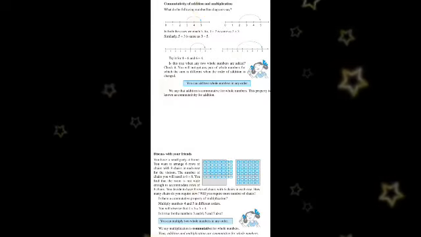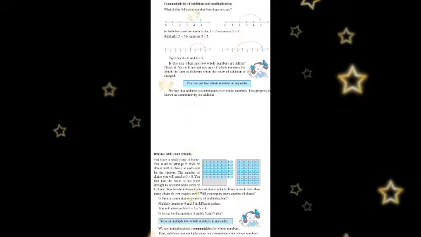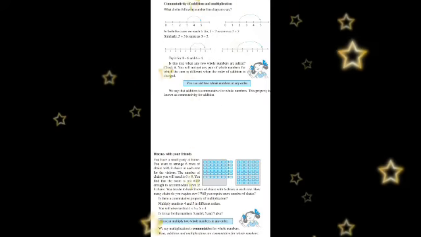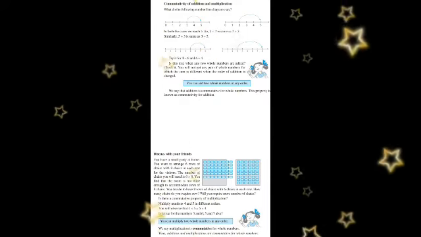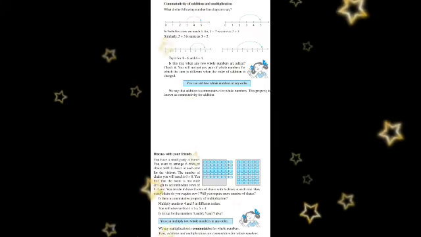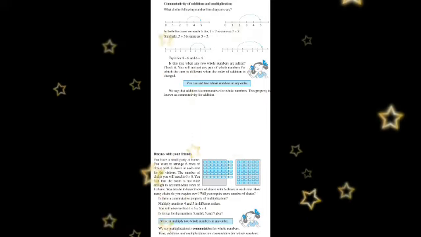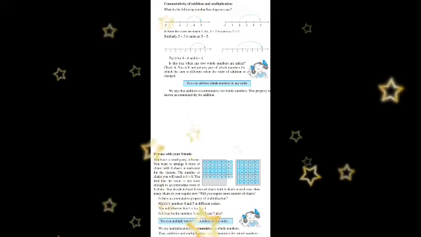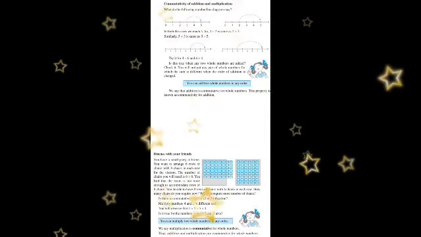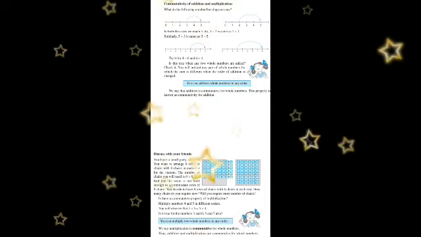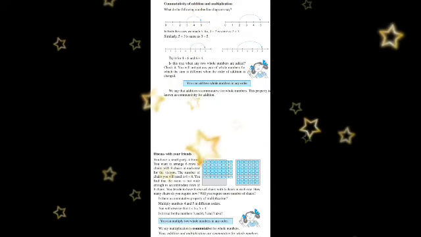The second property, commutativity of addition and multiplication. Children, observe the screen. You have seen the number line. In both the cases, we reach 5. So, 3 plus 2 is the same as 2 plus 3. Similarly, 5 plus 3 is the same as 3 plus 5.